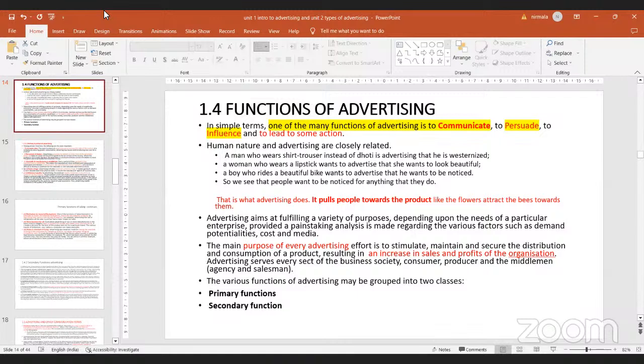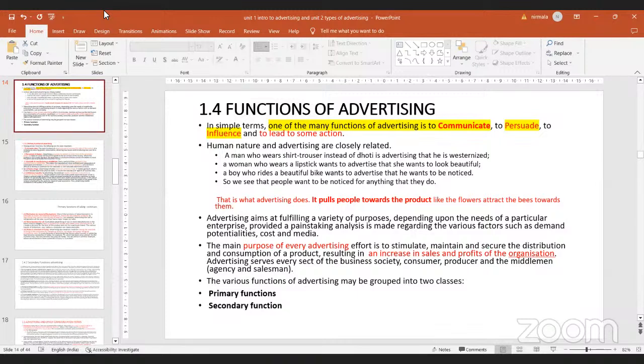So here, there are many methods which an organization adopts to sell their products and services. The primary function of an advertisement is communicating the information to the consumers or customers, persuading them to buy their products and services, and influencing them with the right kind of information which may motivate the end users or consumers to buy the products and services offered by this particular company.